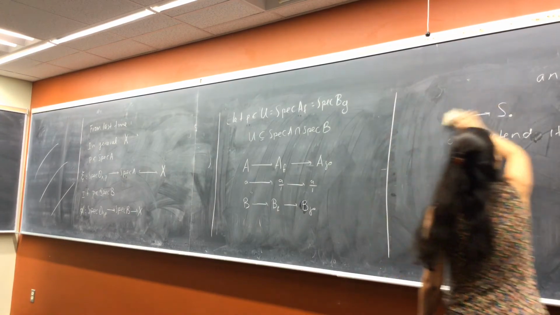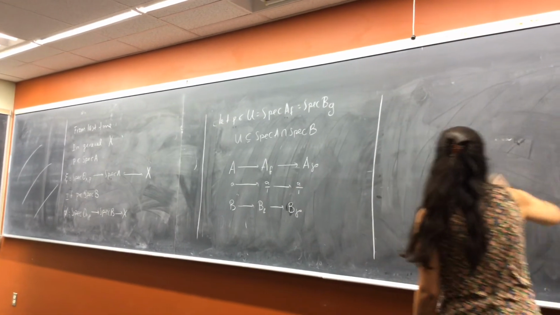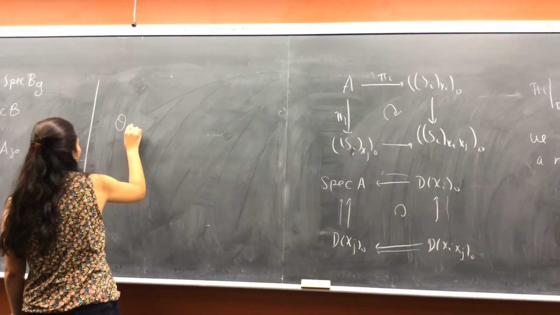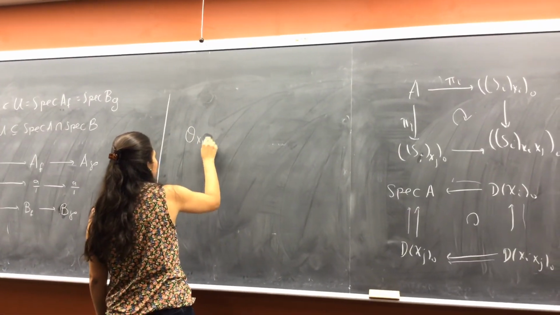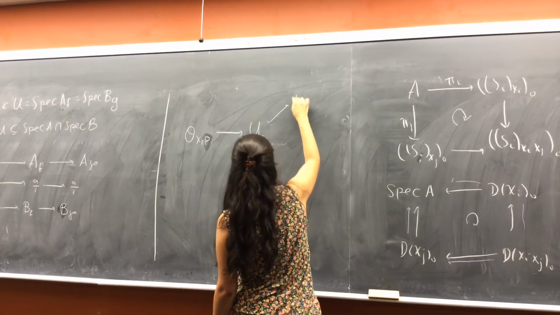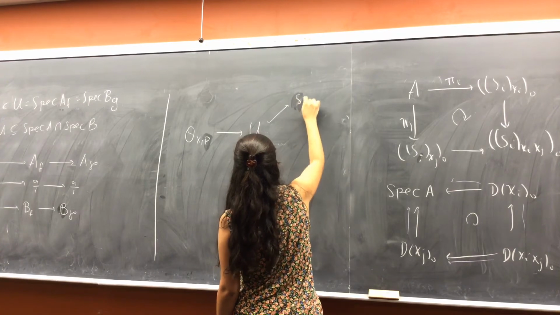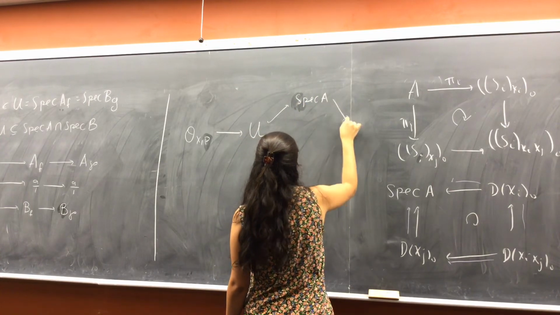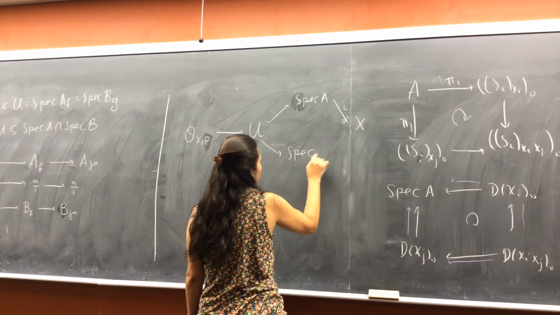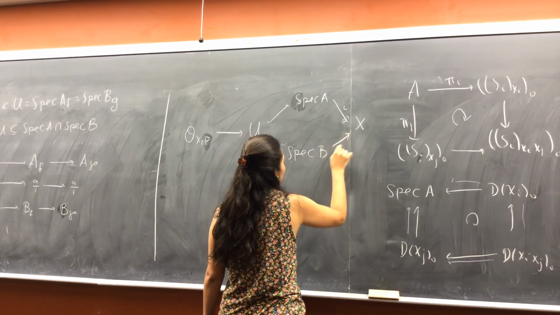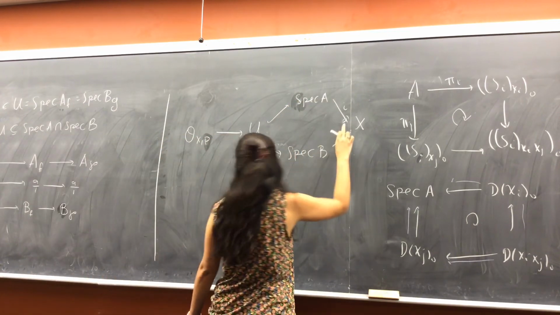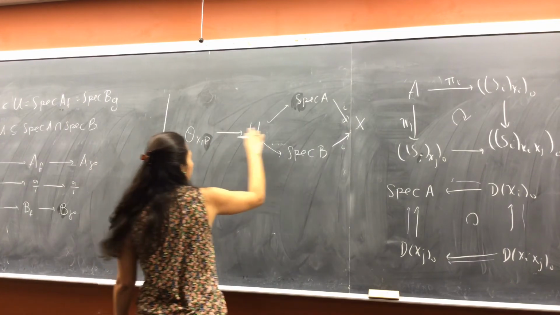So when we translate that into the morphisms of schemes, we have our spec O_{X,P}. It goes inside to U, and then we have a map to spec A, and then the inclusion to X. But then we also have this map to spec B, and include it into X. So this first map is the map we came up with first, our epsilon map.